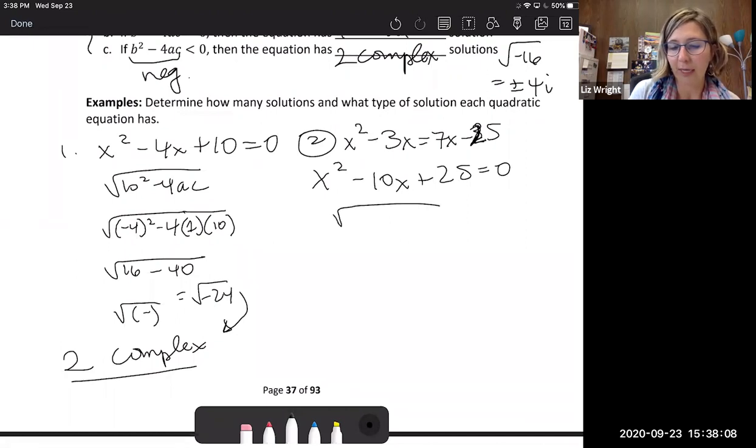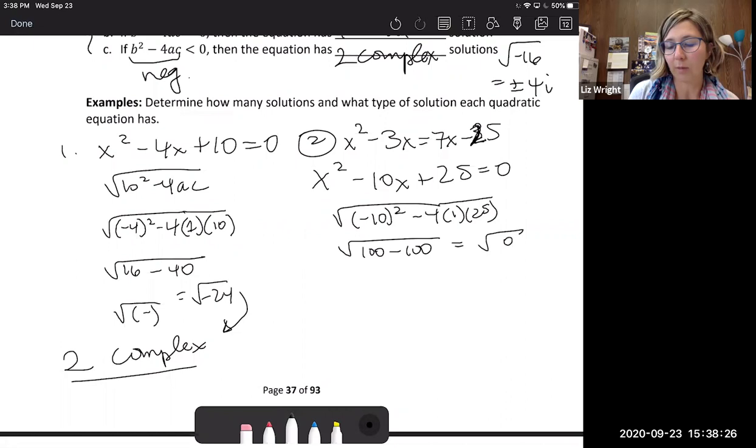Doing your discriminant again, it's going to be b squared minus 4 times our a times our c. So here we're getting 100 minus 100, which is going to give us the square root of 0. And the square root of 0, how many and what type? It's going to be one real solution.